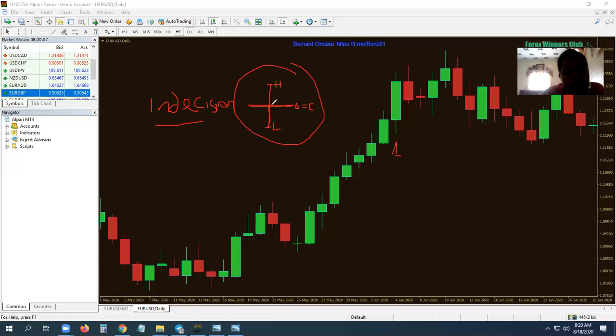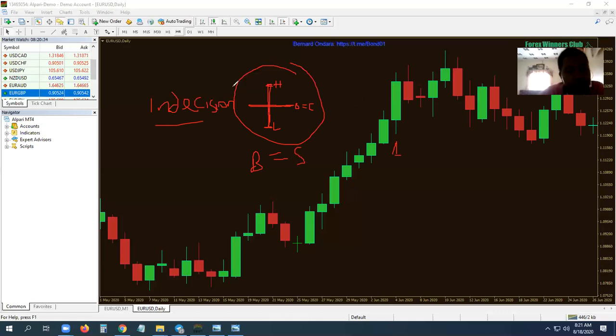The bears were trying to sell. People were trying to sell, but they could not continue selling down. Buyers said, no, we cannot allow low prices. The buyers started pushing the market up. At that point, the buyers could not continue going up. The sellers said, no, we don't allow this price. They pushed the price down. So here is a case where buyers are equal to sellers. The force is the same.